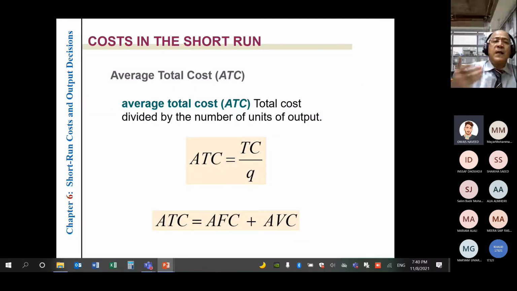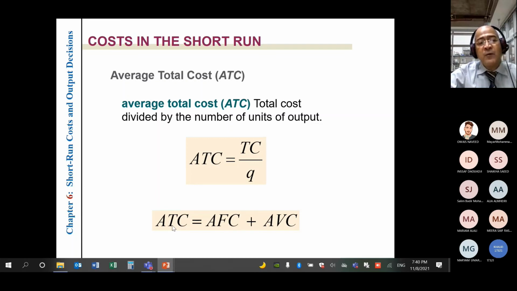Okay, how to calculate? Mr. Khalid produced 2 kilos of tomatoes and he incurred a total cost of 1,018. So average total cost will be 509.